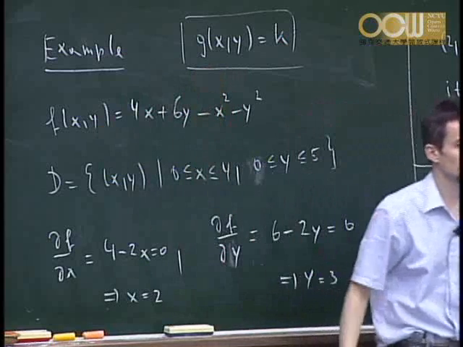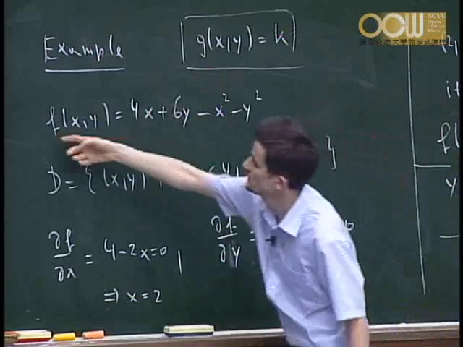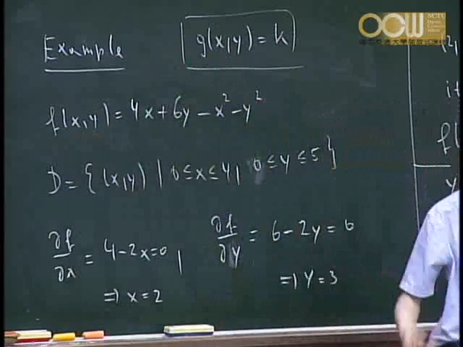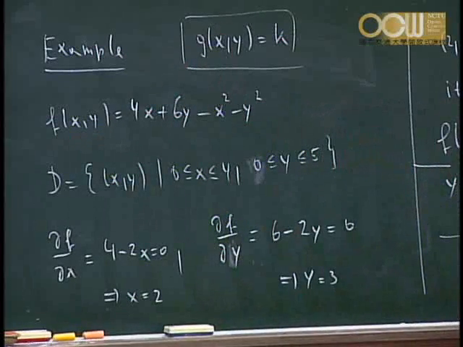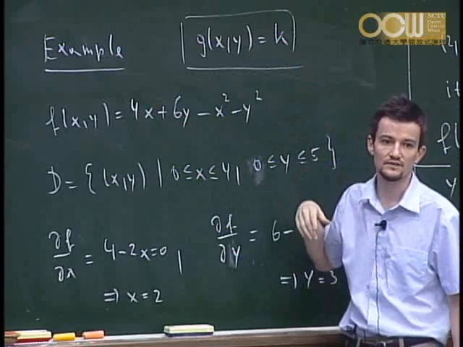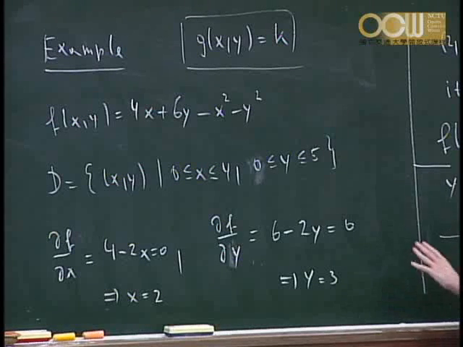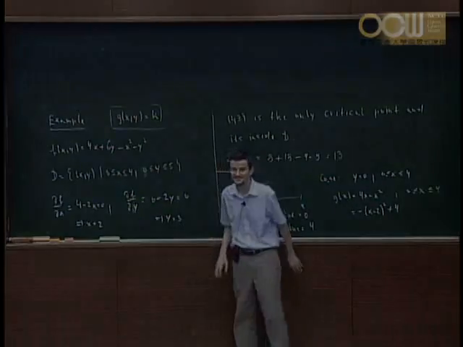Next time we will discuss a method which will give a general solution to this problem, assuming that you cannot easily solve for x or y. This is the last method we will discuss in chapter 14, the so-called method of Lagrange multipliers. I haven't finished this example here, but you can finish it on your own.